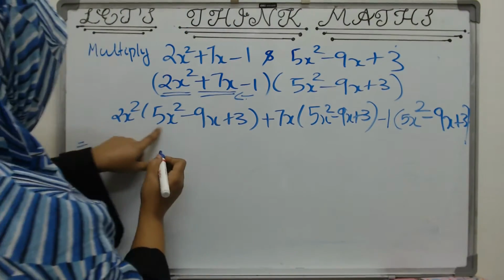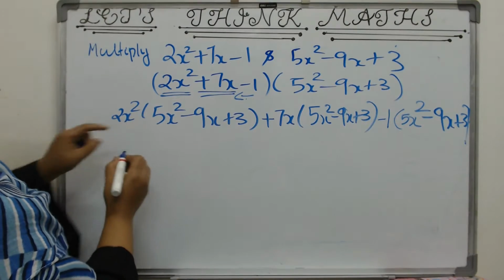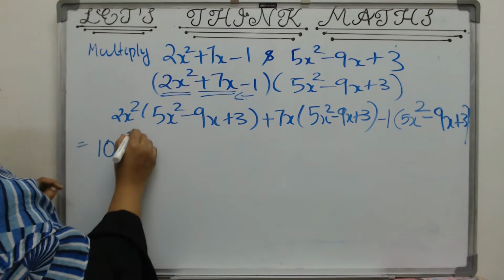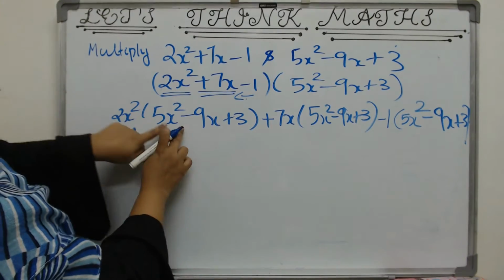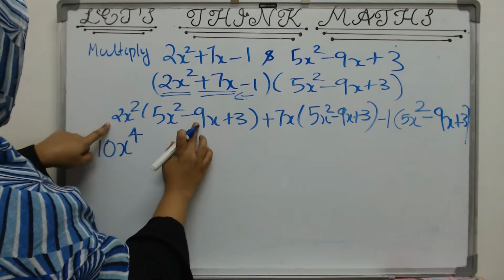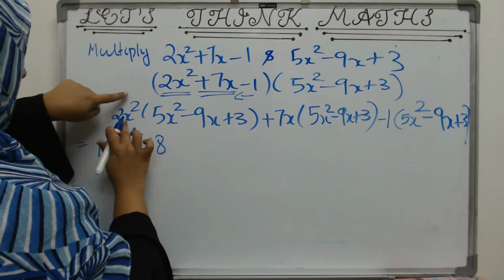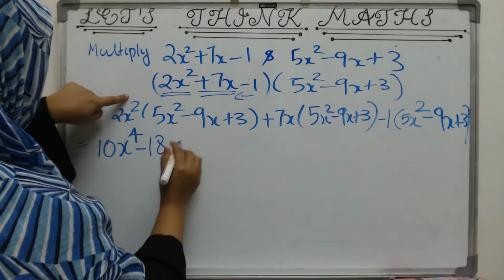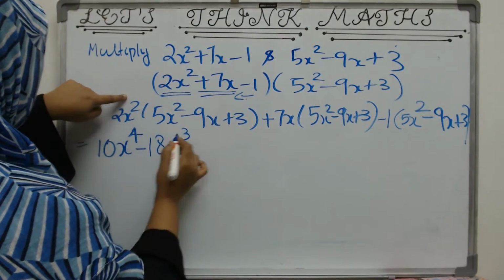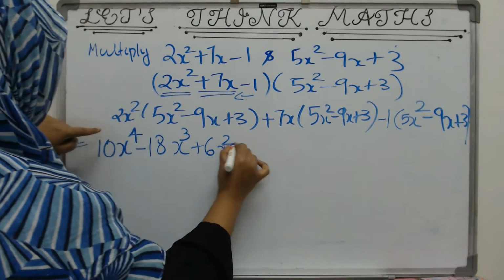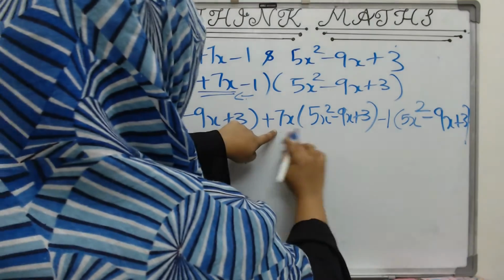Now multiply these two. 2 into 5 would be 10. x square into x square would be x raised to 4. 2 here, 2 here. Again 2 into minus 9 would be minus 18 x square, 2 here, 1 here. Add them, you get 3, and then plus 6x square. Then here what do you do?